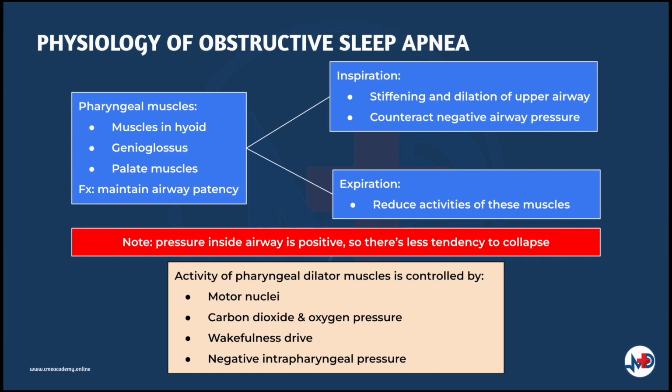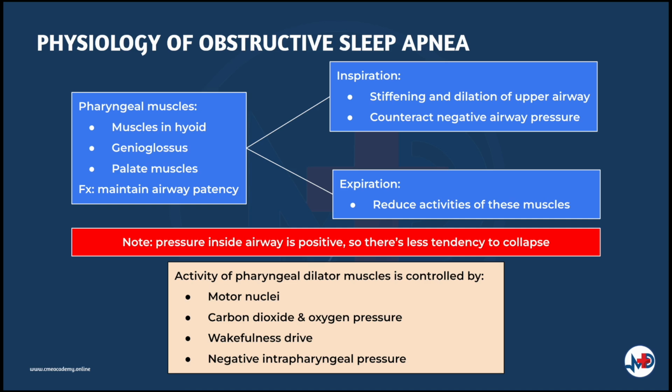Physiologically, pharyngeal muscles, that is the hyoid muscles, genioglossus, and muscles of the palate work to maintain airway patency, ensuring that inspiration occurs smoothly. When the activity of these muscles is increased during inspiration, there is stiffening and dilatation of the upper airway, which counteracts negative airway pressure.